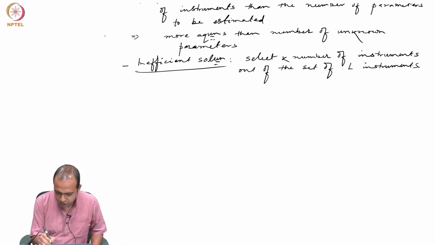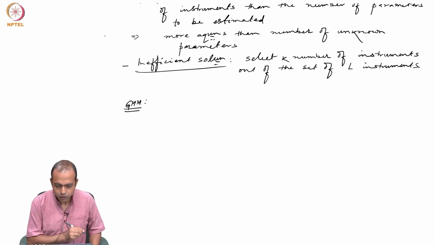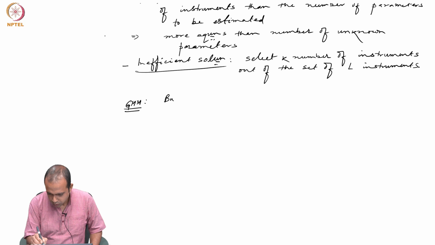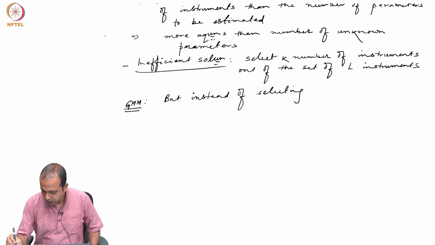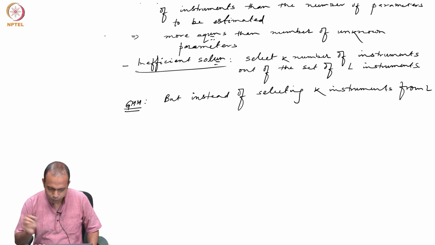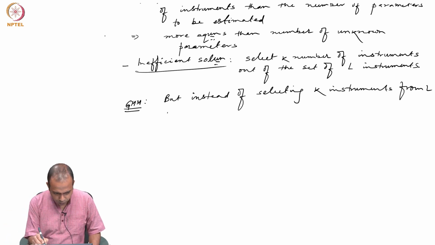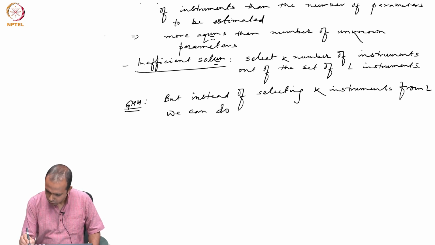Now here comes GMM. But instead of selecting k instruments from L, we can do the following.